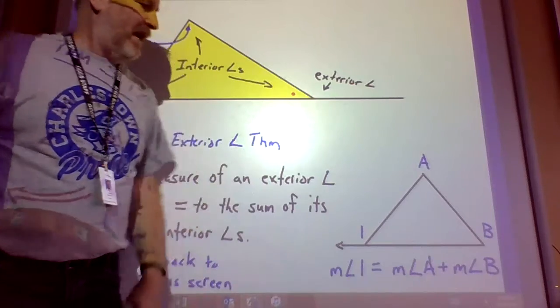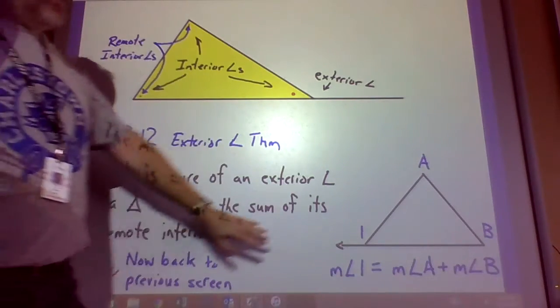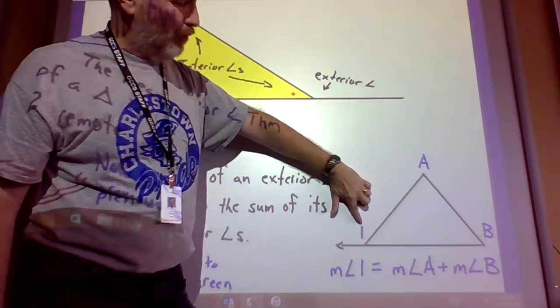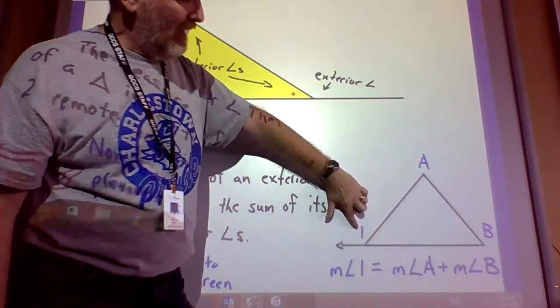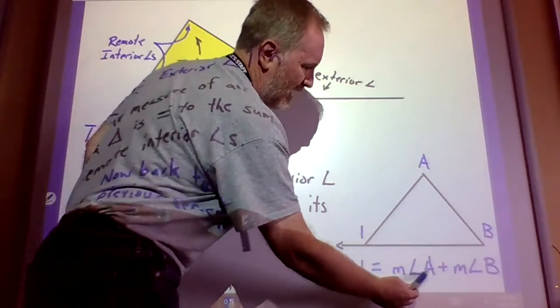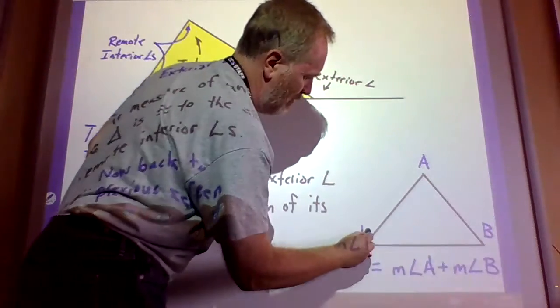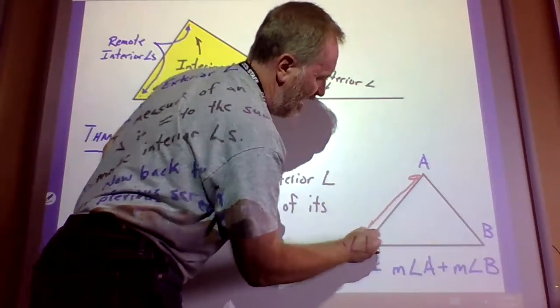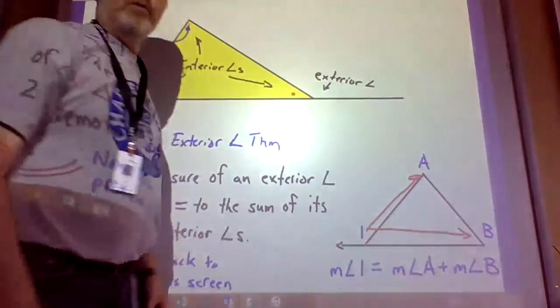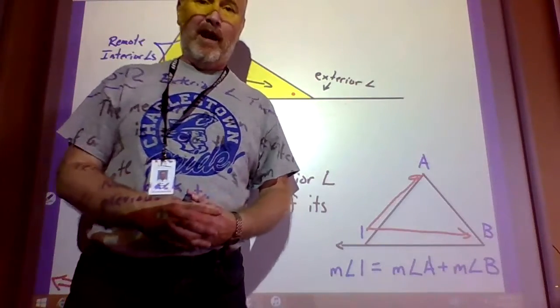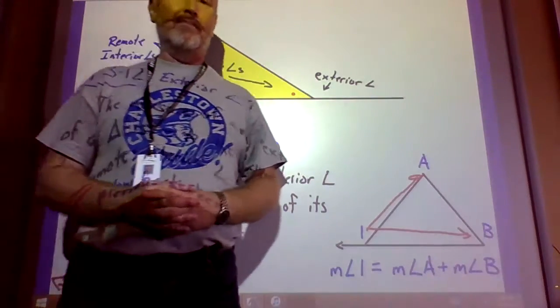I have that demonstrated here, where the exterior angle is angle 1: the measure of angle 1 is equal to the measure of angle A plus the measure of angle B. So the two that are far away from it, it's equal to them added together. All right, very important new concept.